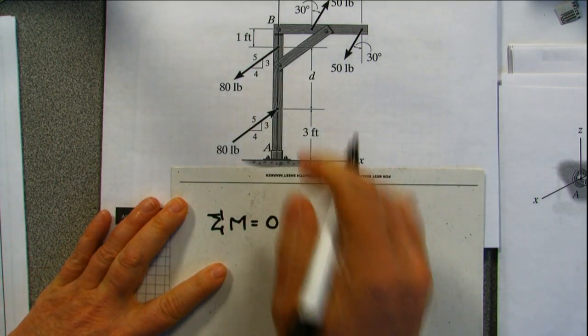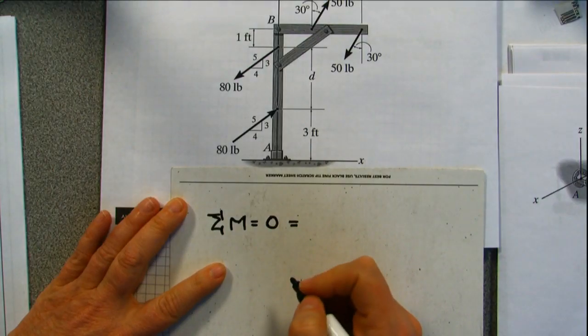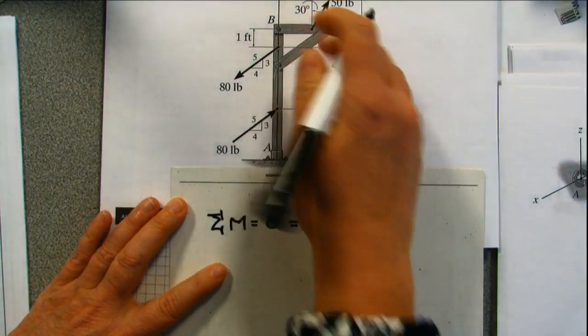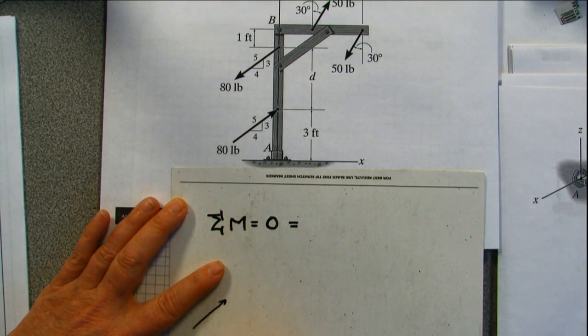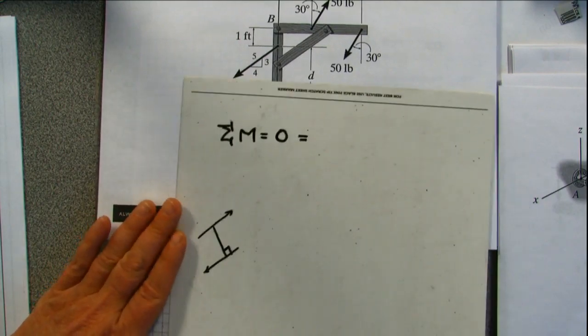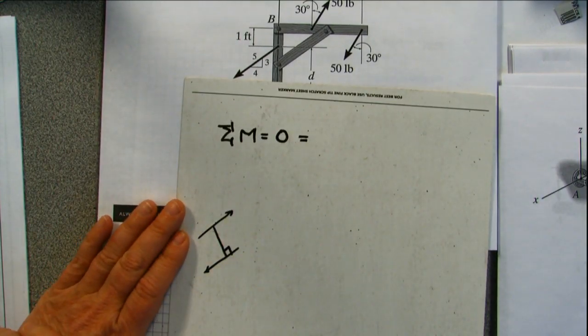The first couple, the 50-pound force, if I'm looking at it like this, that's my perpendicular piece, okay?